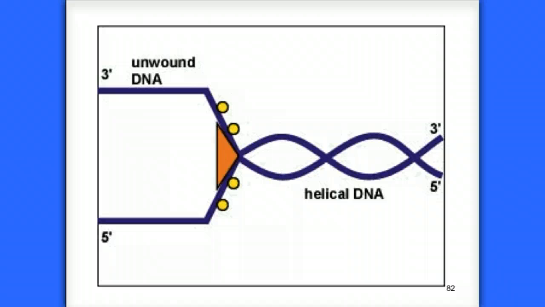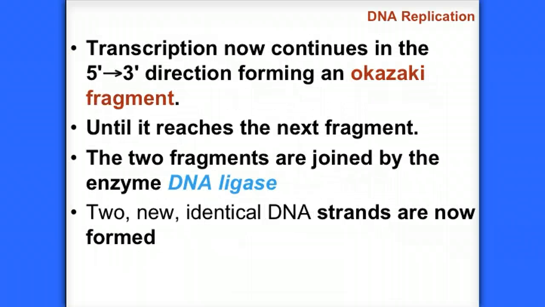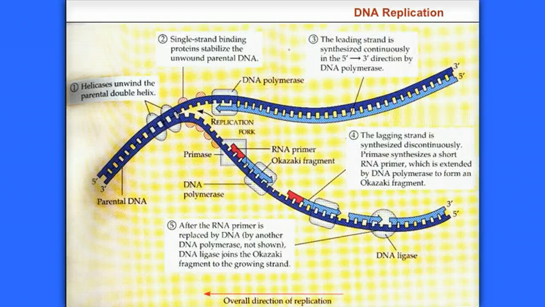So we can go further. The short fragments called Okazaki fragments will now be attached together with the enzyme ligase, or DNA ligase, one might call it. And that completes the formation of the strands.